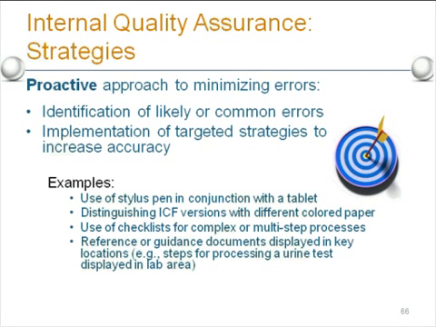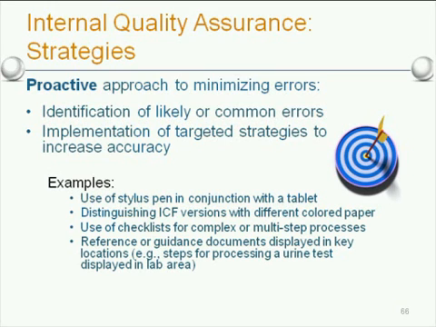And really the spirit of internal QA is taking a very proactive approach to minimizing errors, identifying those areas where errors are likely to happen, the more complex study procedures, and then implementing very targeted strategies to try to increase accuracy and reduce errors in those areas.